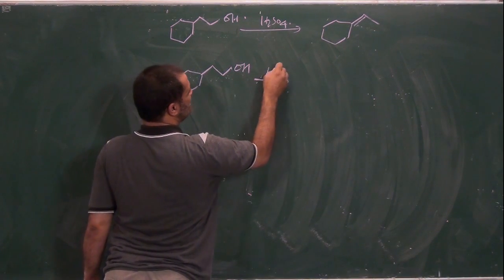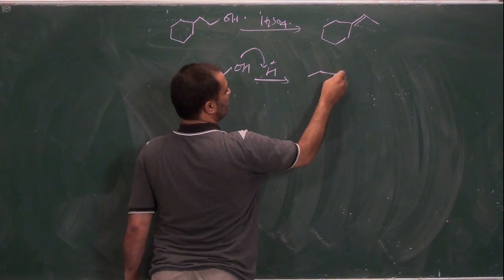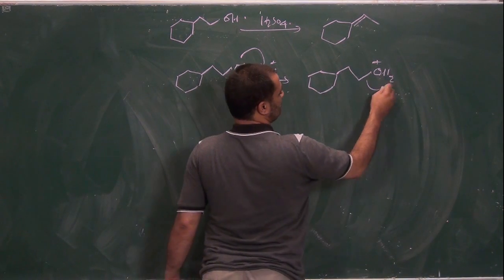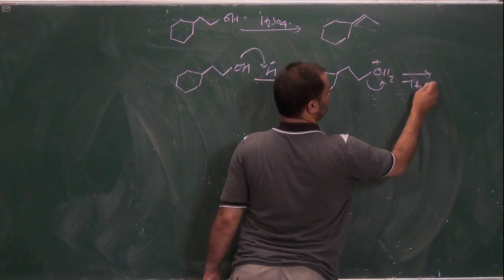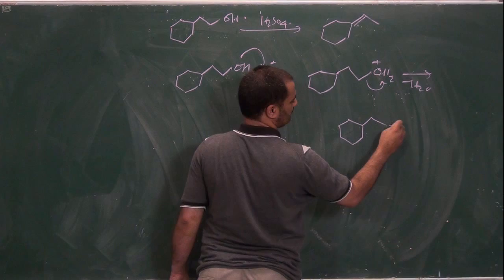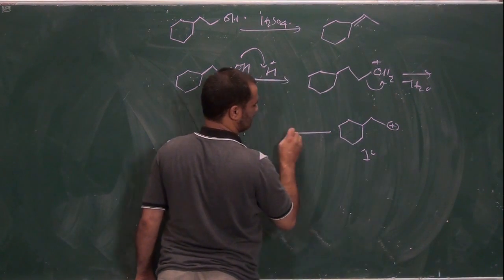The OH is protonated by H positive, forming the protonated alcohol, OH2 positive. Here there is water loss, and it gets converted into a primary carbocation.